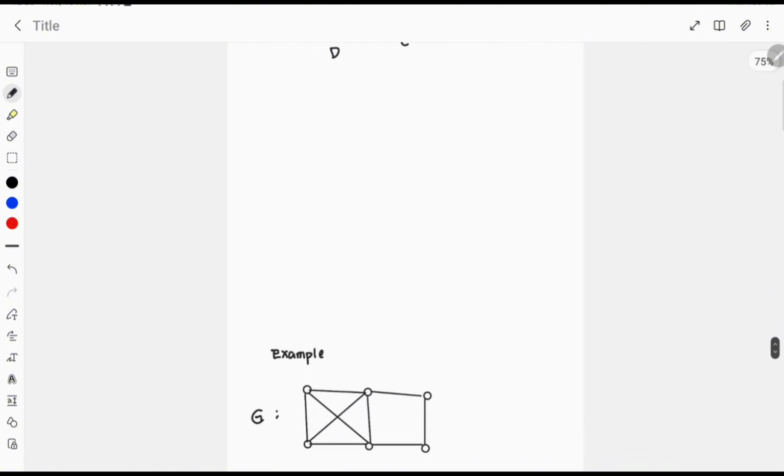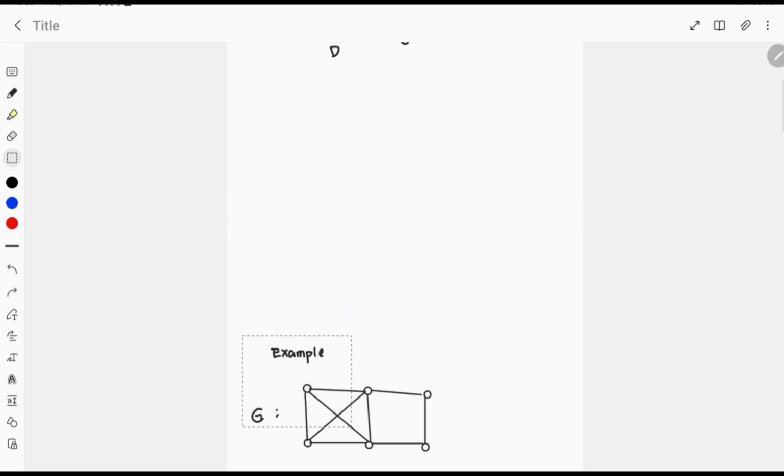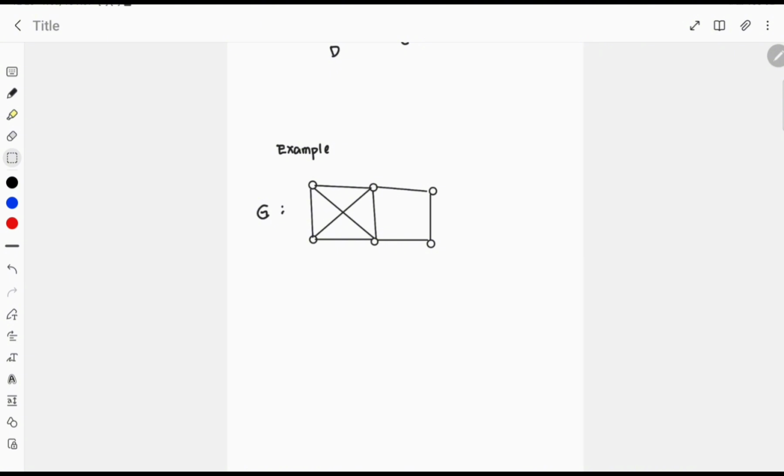Let's have another example. Okay, this one. Suppose we have this one. So the minimum degree of graph G is 2, which is this one and this one, because this 4 here is a complete graph.